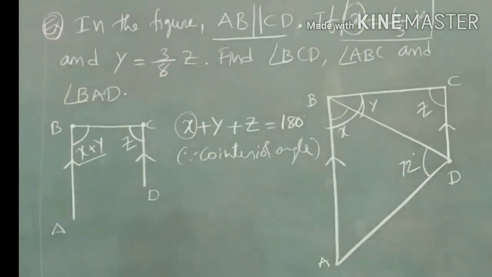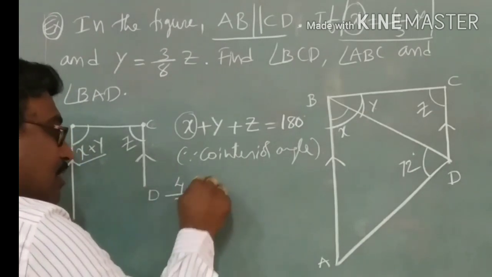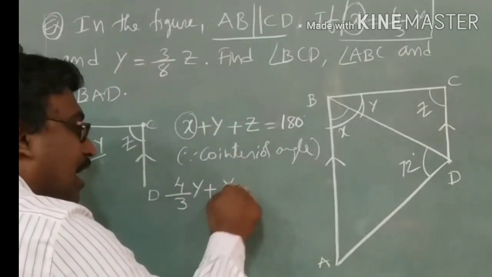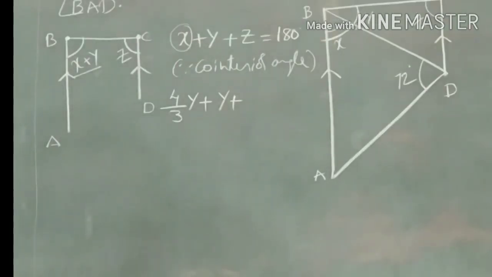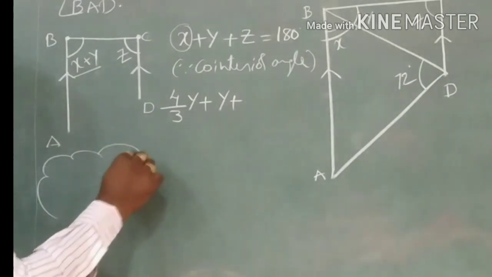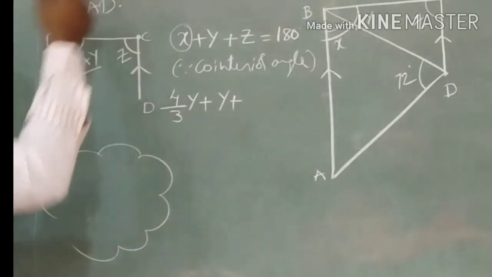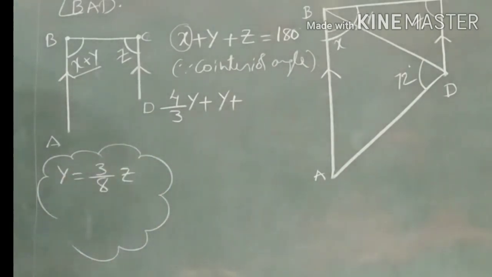4/3 y. X value is 4/3 y plus y plus z. See here, y is equal to 3/8 z.